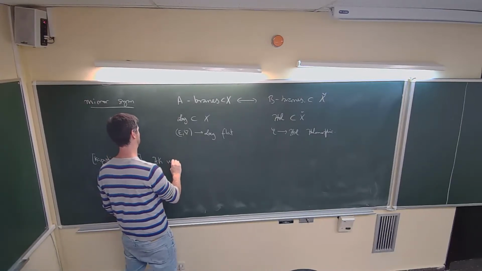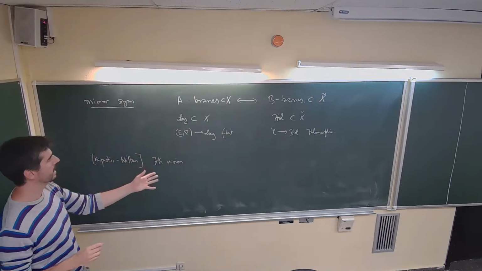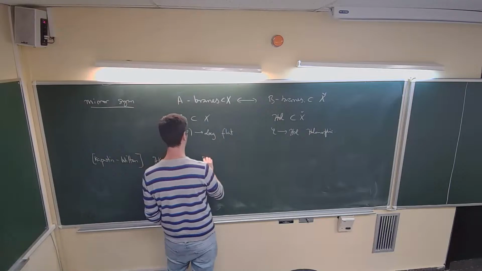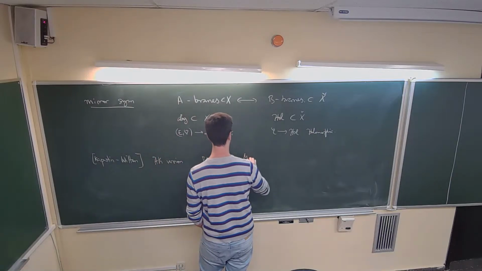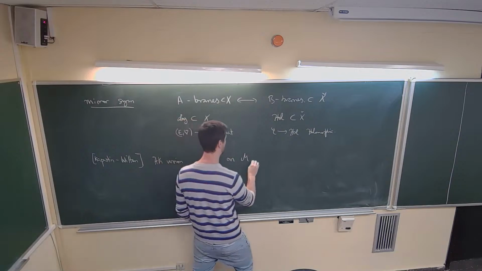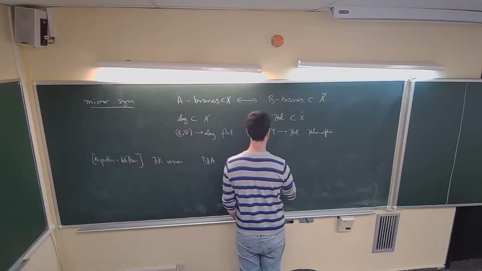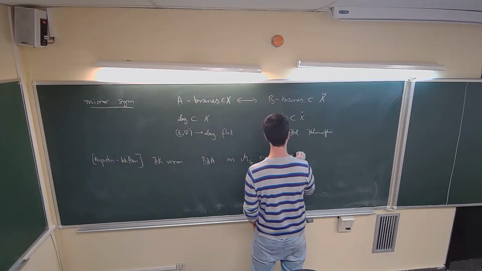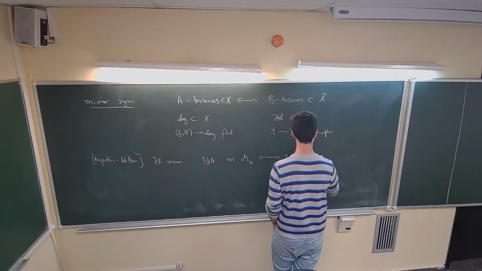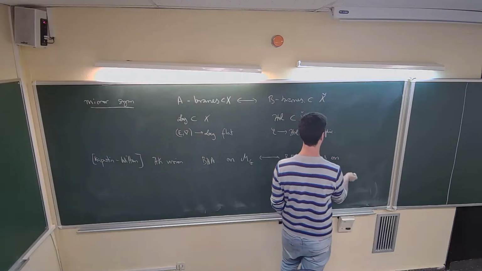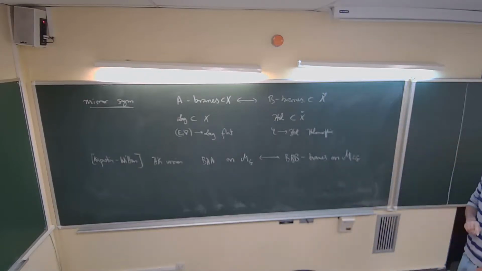So they were talking about BAA branes, a duality between BAA branes on the moduli space of Higgs bundles for a certain group and BBB branes on the moduli space of Higgs bundles for the Langlands dual group.